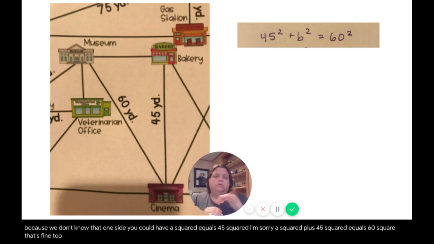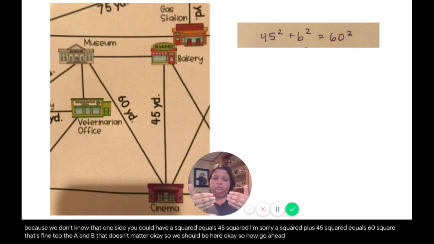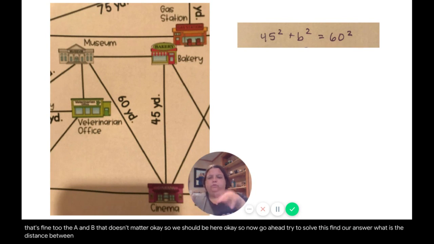That's fine too. The a and b, that doesn't matter. So we should be here. Now go ahead, try to solve this, find our answer. What is the distance between the museum and the bakery?